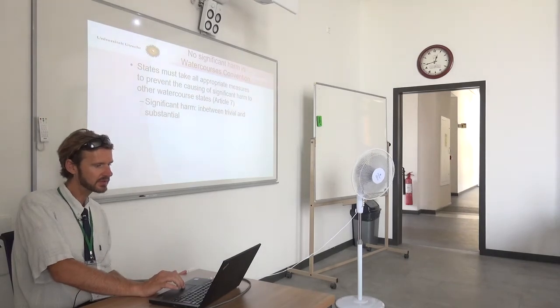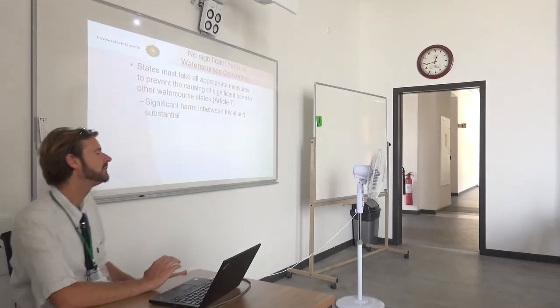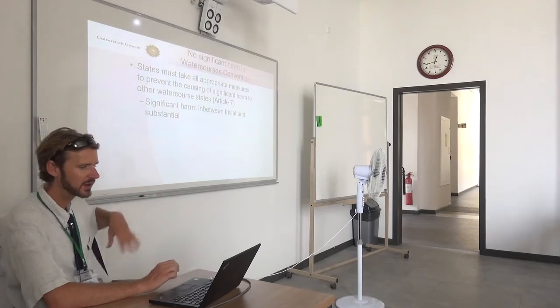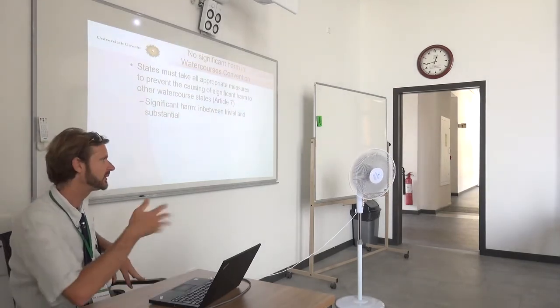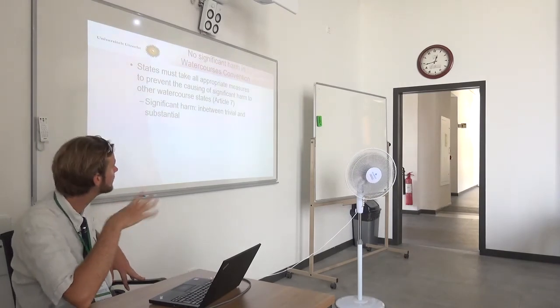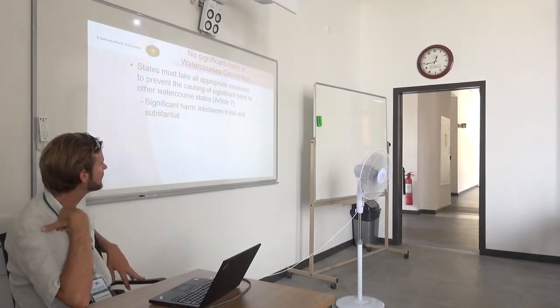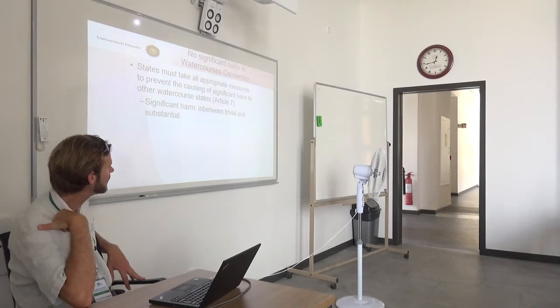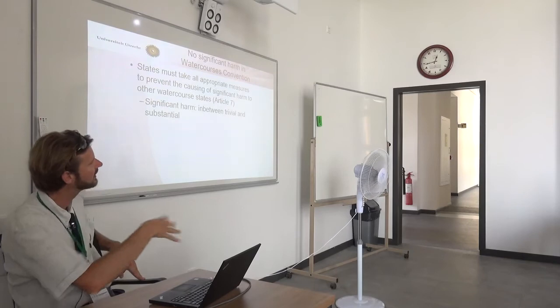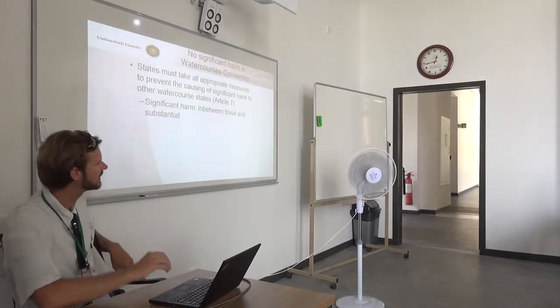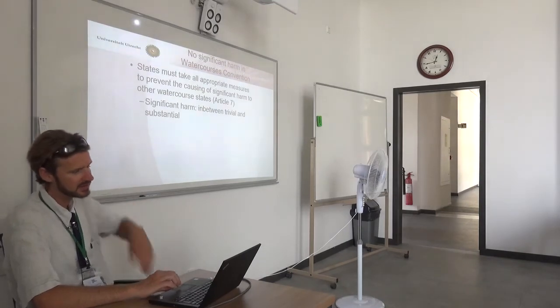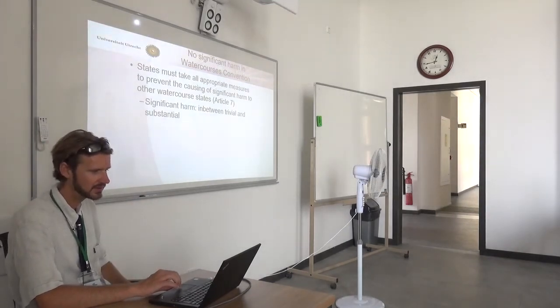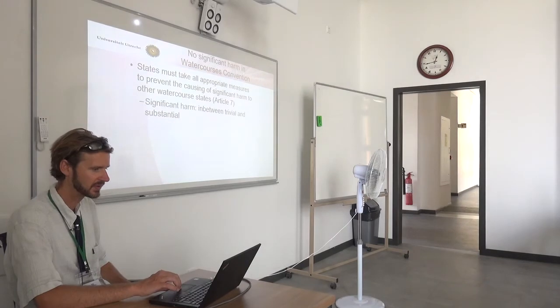The obligation not to cause harm relates both to the quality and to the quantity of freshwater resource. So people often think of pollution, so almost all the case law is about transboundary pollution, but you can also cause significant harm by extracting disproportionately large quantities of water from the river, so that the other states can no longer use the water for agricultural purposes.